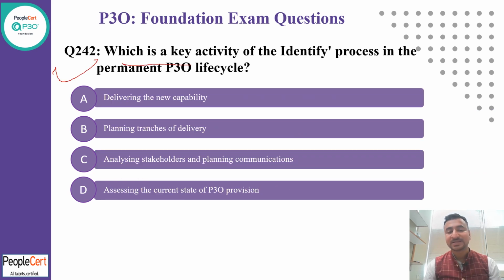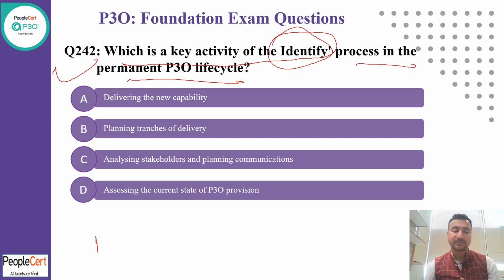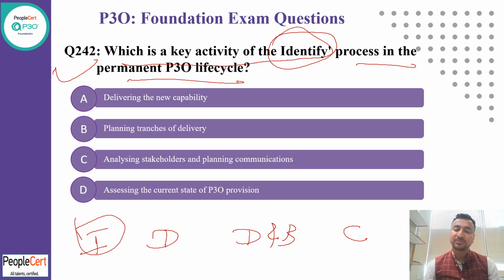242 says, which is the key activity to identify processes in the permanent P3O life cycle? So there are four stages: identify, define, deliver capabilities and realize benefits, and closing. Out of that, the first stage is the identify stage. Delivering new capabilities is the third stage.